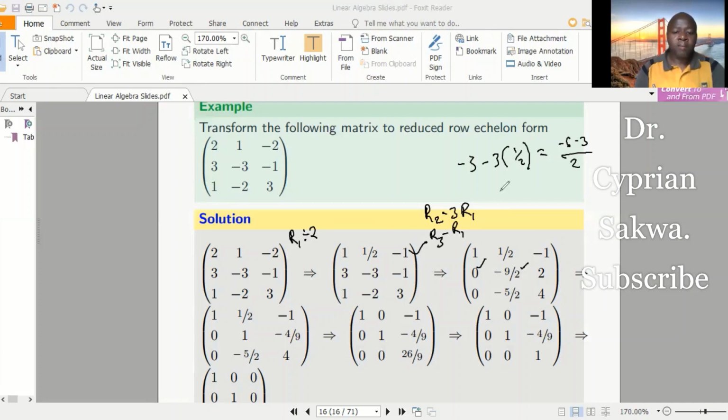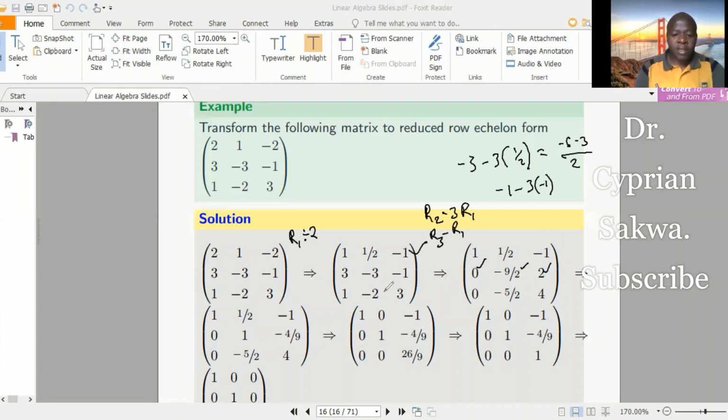What about here? Negative 1 minus 3 multiplied by negative 1. Remember, these minuses multiplied will be positive. So I'll have negative 1 plus 3, which is 2.